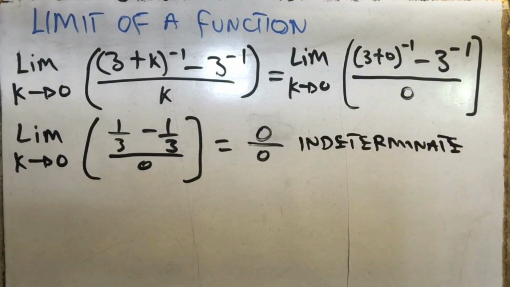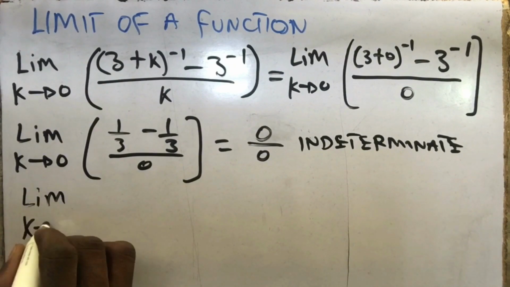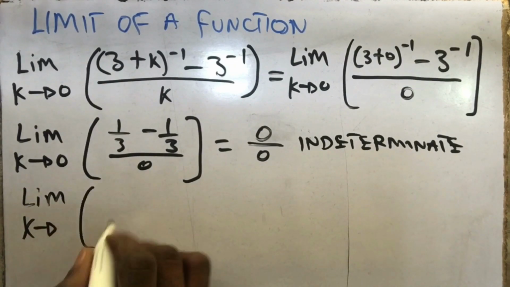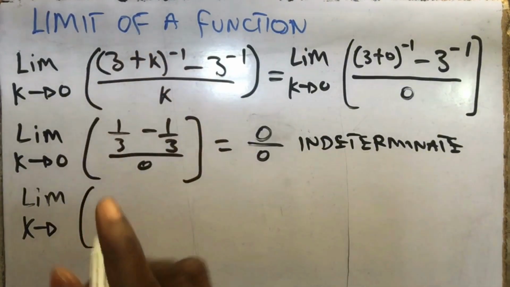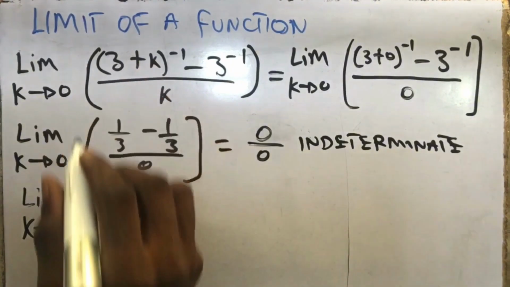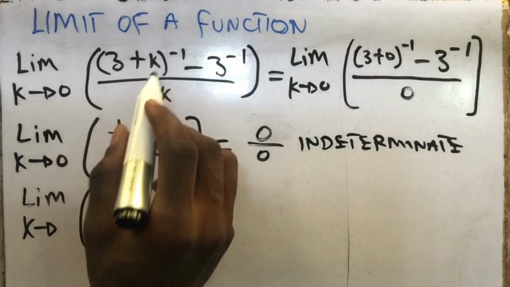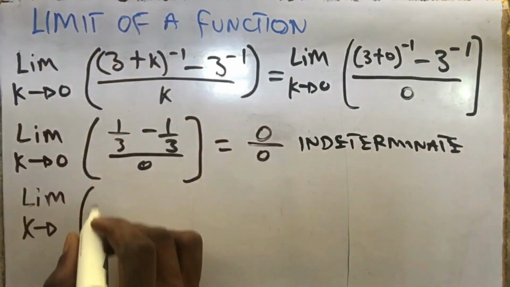What does that tell us? That we can use L'Hopital's rule to solve. Using L'Hopital's rule, all we need to do is differentiate the numerator. From our knowledge of chain rule, because this is a chain rule example, the minus 1 comes down.